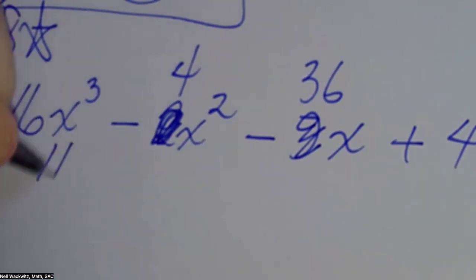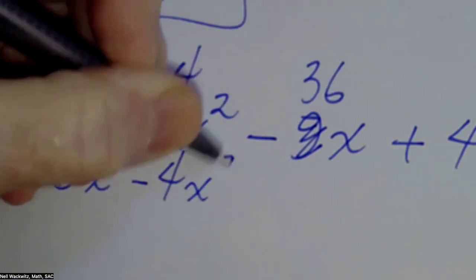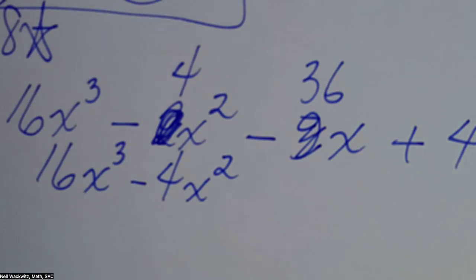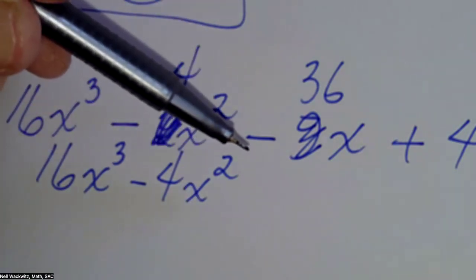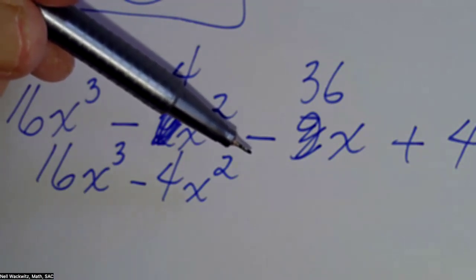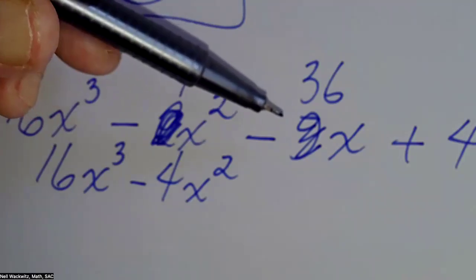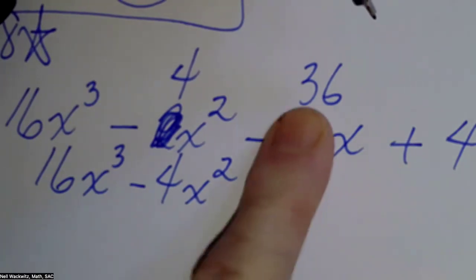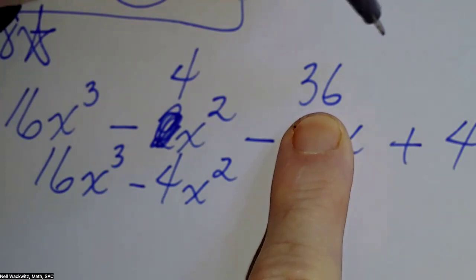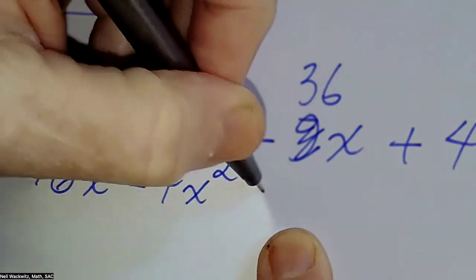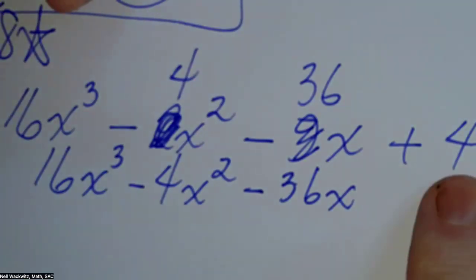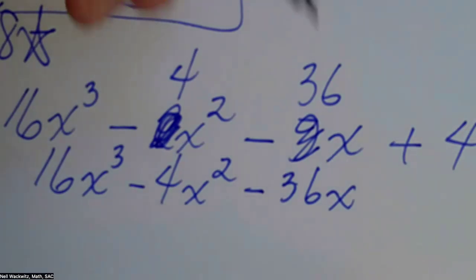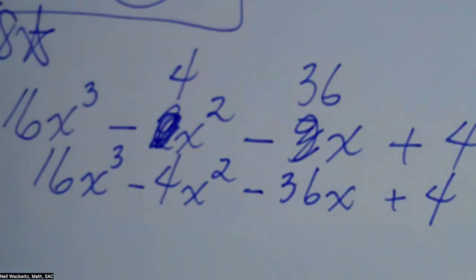Okay, I'm going to copy it over so that it's not so ugly. So the Try This 8 is to factor by grouping: 16x cubed minus 4x squared minus 36x plus 9.